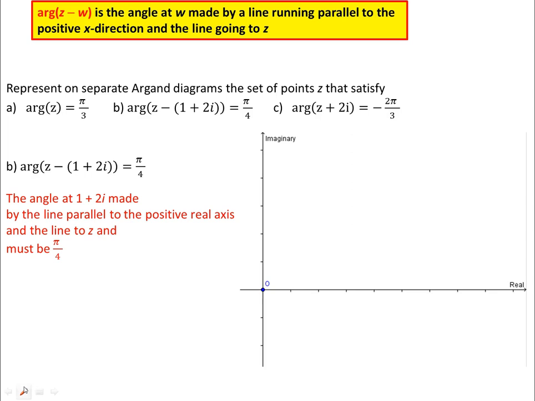So we start by marking the point 1 plus 2i. We mark in the line parallel to the positive real axis. We know that the angle of the line going off from 1 plus 2i to z must be pi by 4. So we mark our angle in of pi by 4, and then z has to be along the ray going out from 1 plus 2i at an angle of pi by 4.